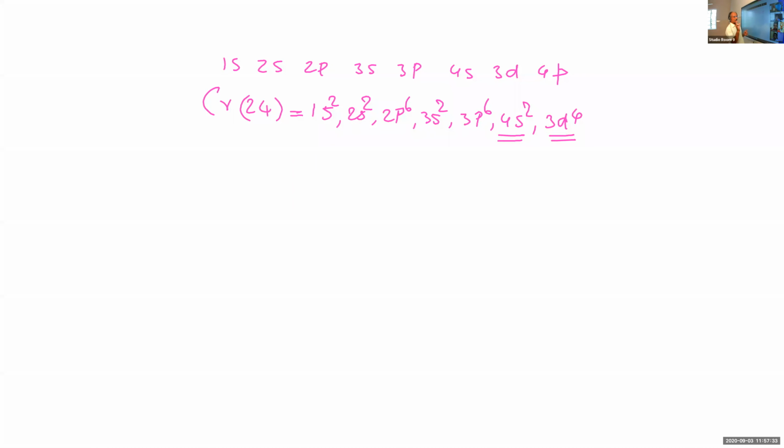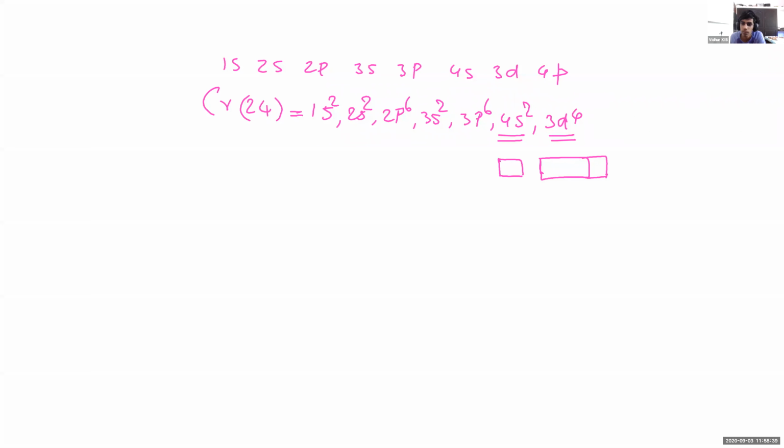Then go to the 3d level. In the 3d level, how many orbitals are possible? You must remember all these basic things. Yes, 5.